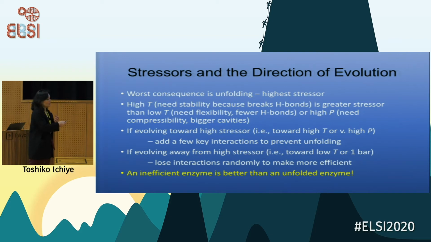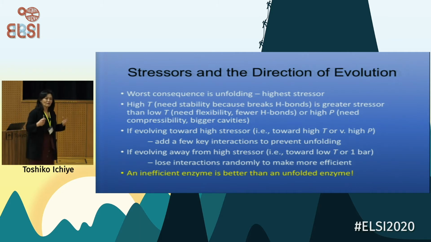But I think that the worst consequence you can have on a protein is to unfold it. And so unfolding is bad. So the stability is the most important thing. So unfolding would be the highest stressor.